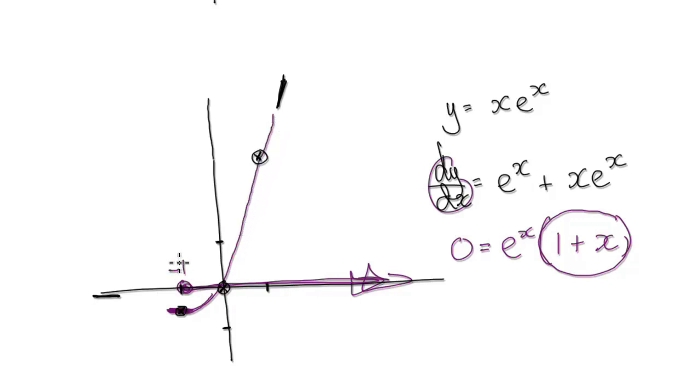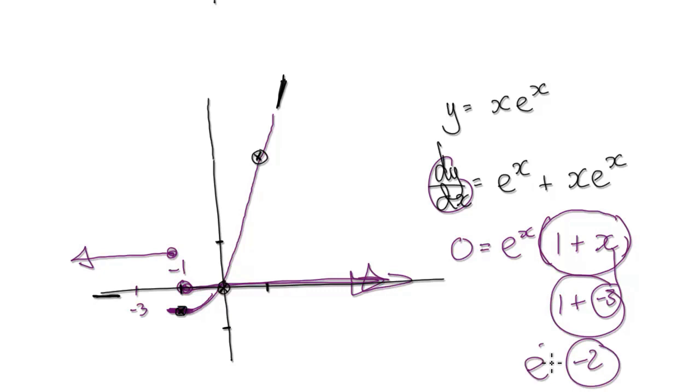And then from -1 down to here, let's just look at -3. If I put -3 in here, then 1 plus -3 will be a negative number, times e to the power of x, so you know that this thing here will be negative.